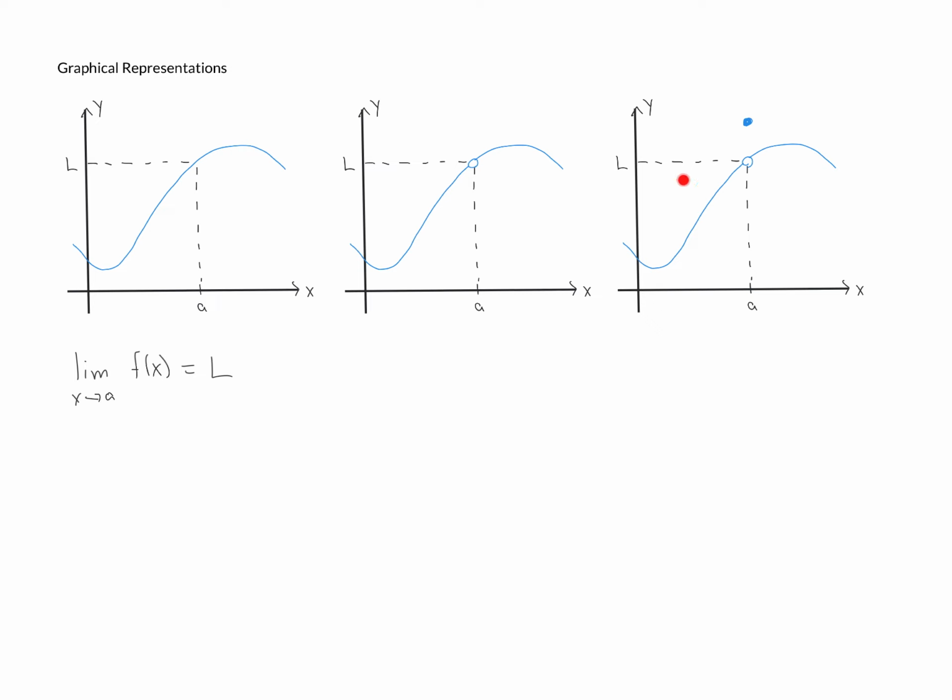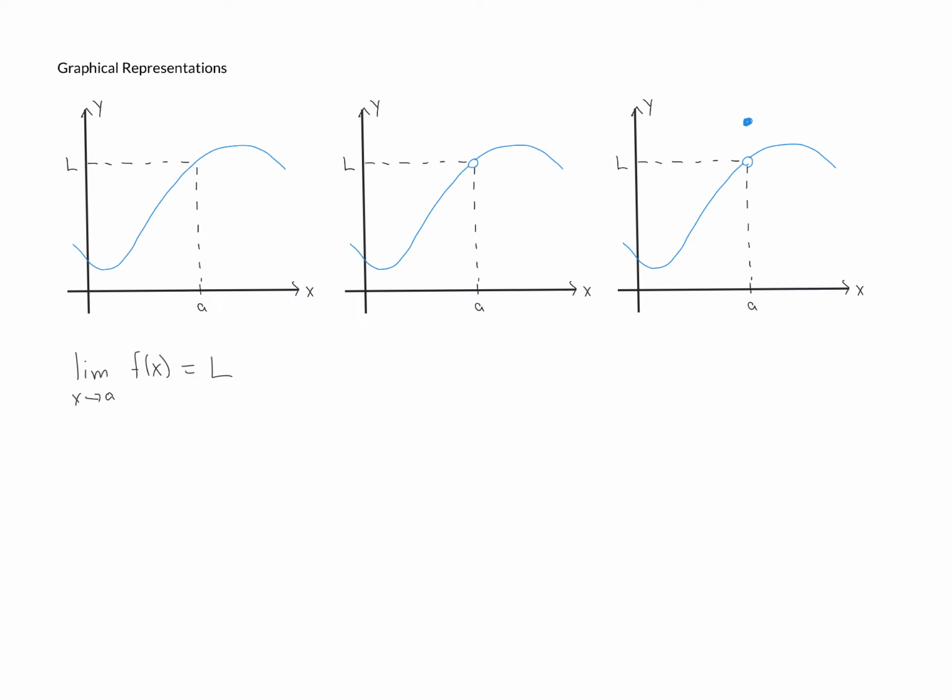Here we have a third situation that's the same as the last, except instead of the function being undefined at a, it is defined, but it's defined as some other random value that's totally unrelated to everything else. This is totally okay. It does not mess with the limit, because when we're looking at limits, we care about what's happening as x is near a, but we do not care what happens at that exact value.